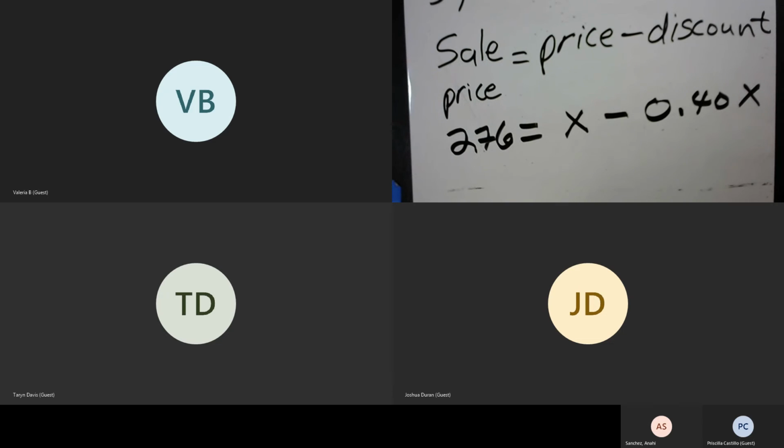Now, we can solve this equation, and the way we know we can solve it, we have an equation with one variable.